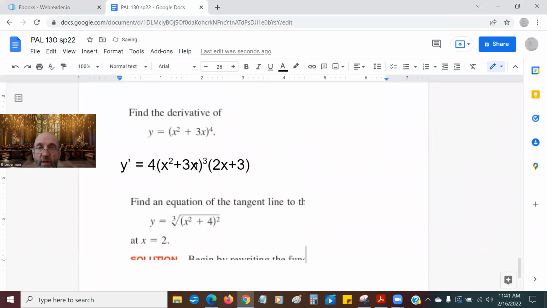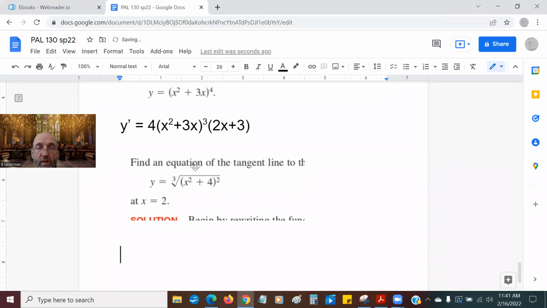All right, so here I plug in x equals 2. I'm going to write this in a very fancy way: y of 2. That means the y value when I plug in x equals 2.